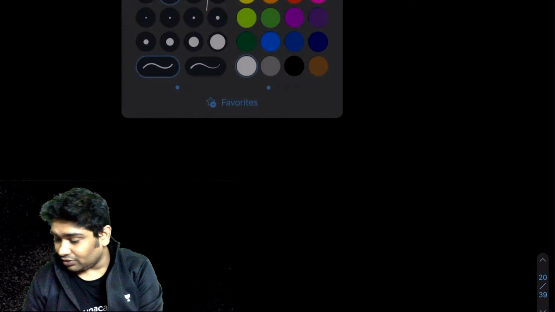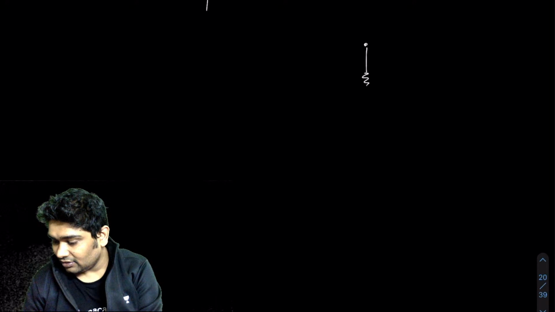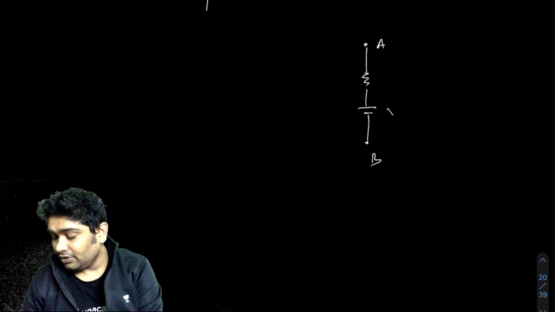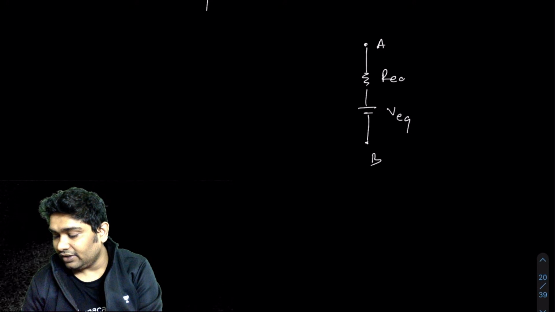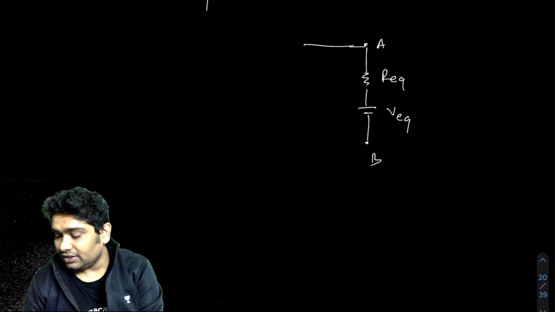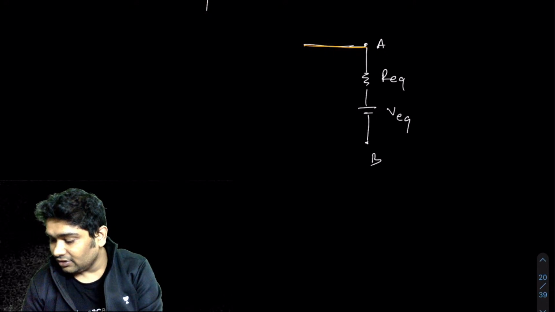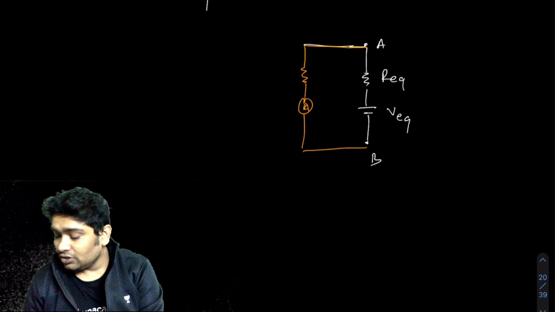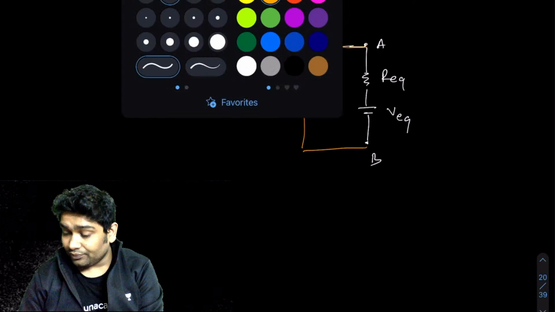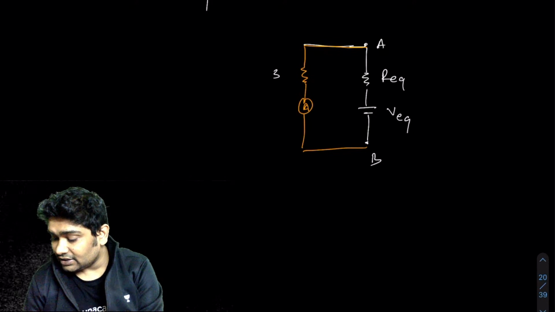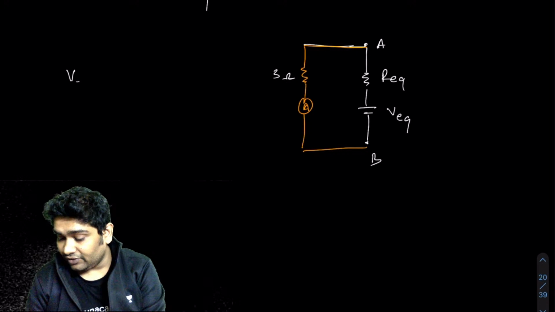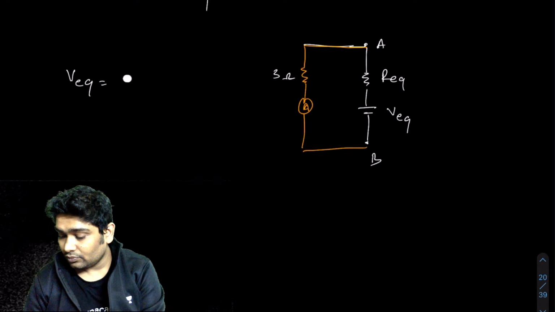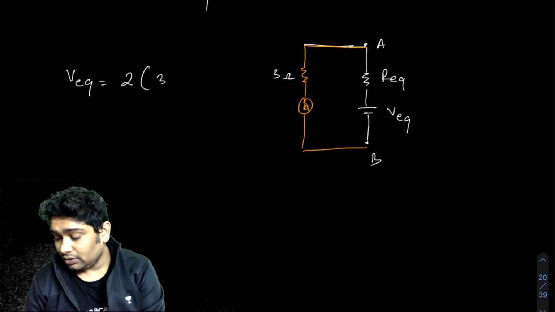For the second case, again you have A and you have B, you have V equivalent and R equivalent, and in the external circuit you now have a resistance and an ammeter. The reading is 2, and this is 3 ohm, so V equivalent would be equal to 2 times (3 plus R equivalent).